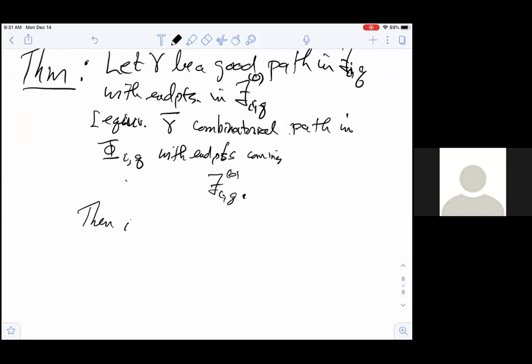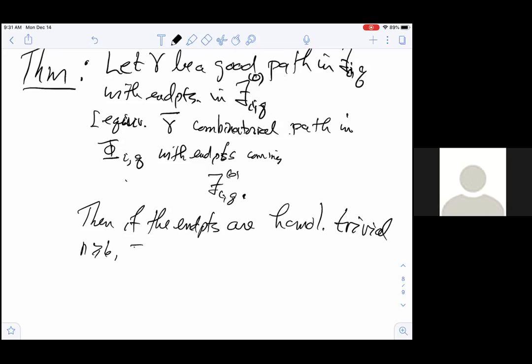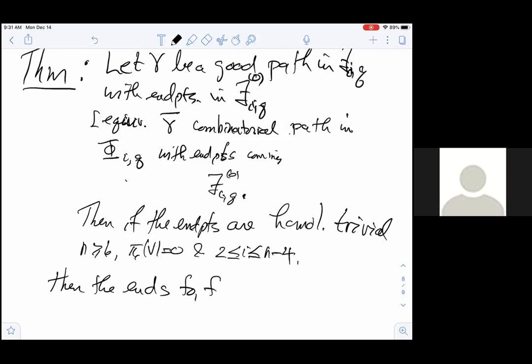Then if the endpoints are homologically trivial, n greater than or equal to 6, pi 1 of W trivial, and i between 2 and n minus 4, standard sort of hypotheses, then the endpoints f naught and f1 lie in the same component of F_{i,q} naught.